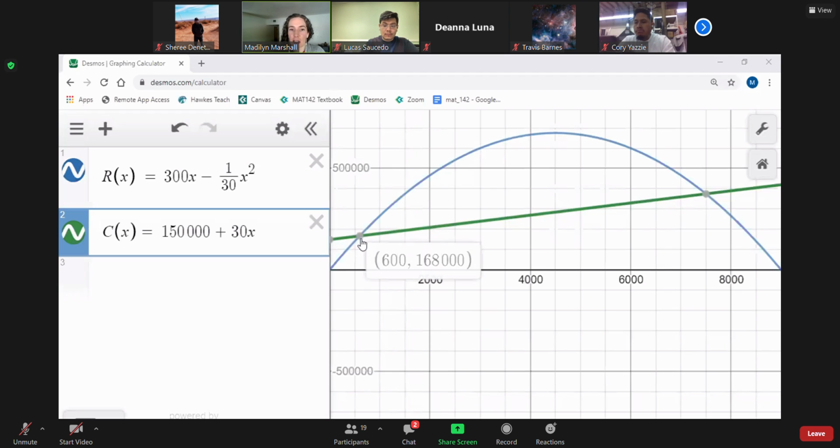Even if I'm just hovering near the intersection, it automatically brings up that 600, 168,000. And I can click on it also if I want it to stay highlighted. And if I move over to the other intersection, that's also there. So if we're graphing on Desmos, finding those break-even points is just a matter of clicking on the intersections and it'll tell us exactly what they are.